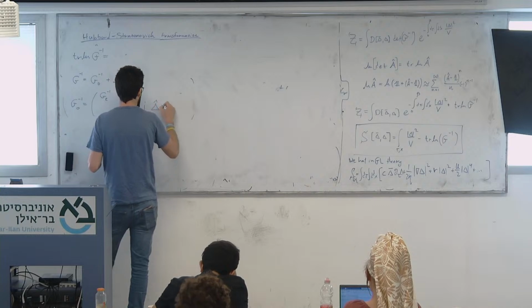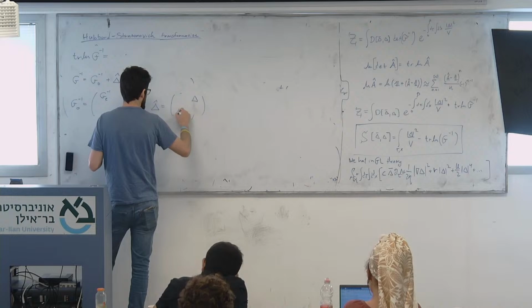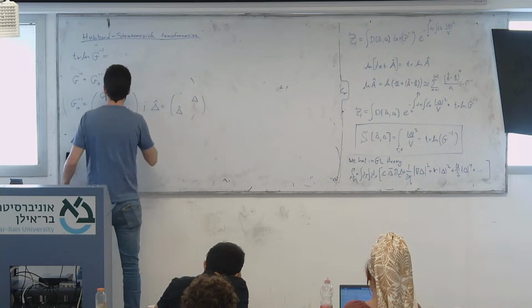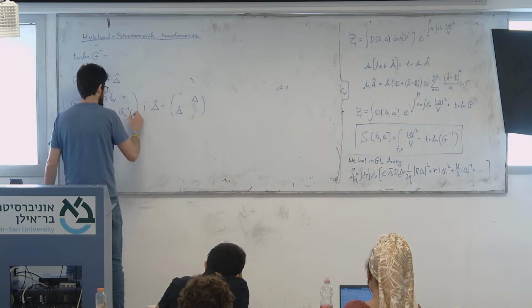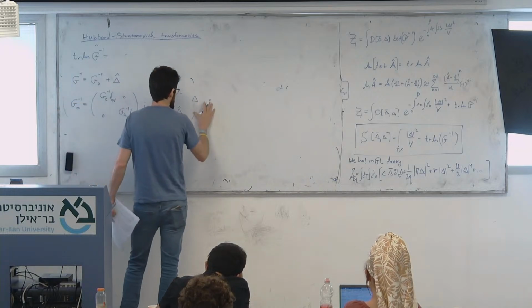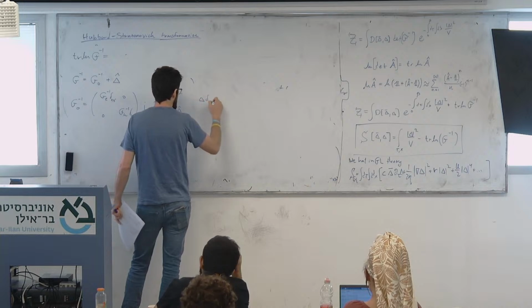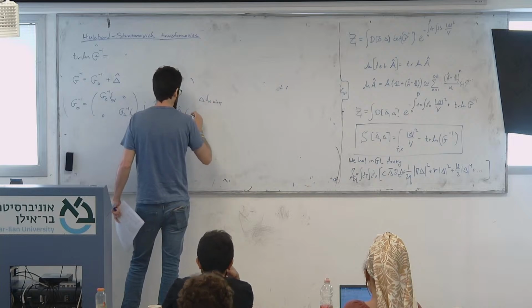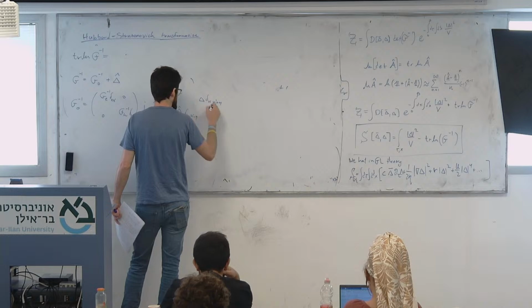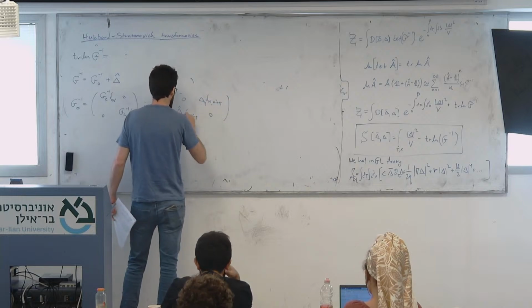And this delta is equal to delta and delta bar. This, of course, comes with a delta k, k prime, and this comes with a delta k, k plus q, delta k, k prime minus q. And this is q.